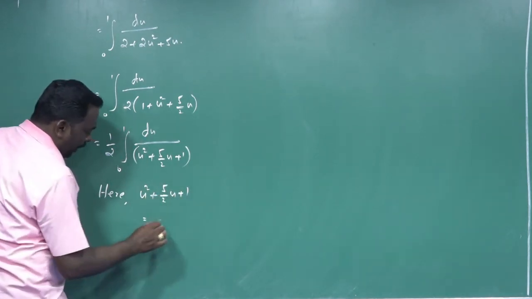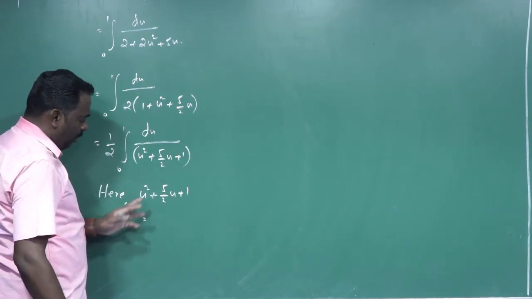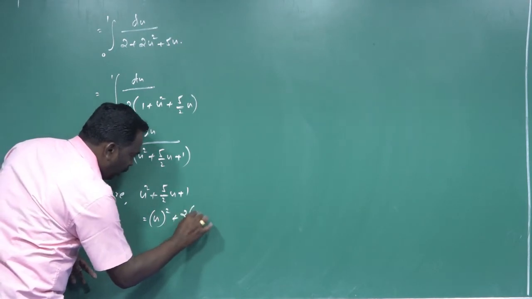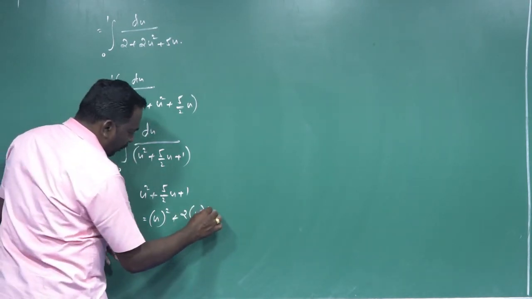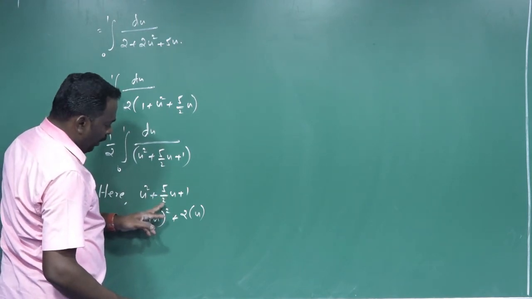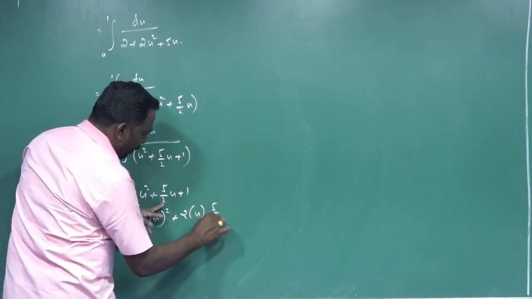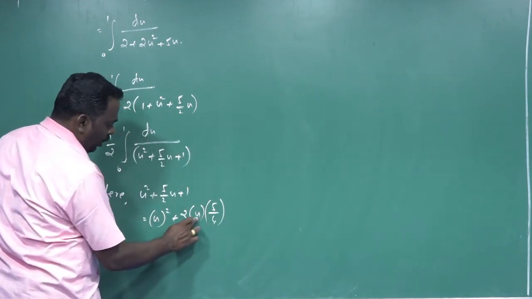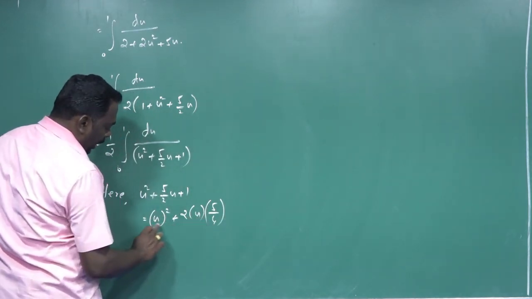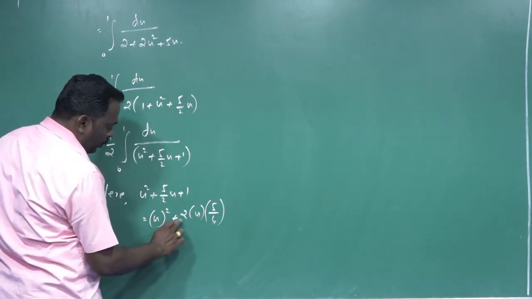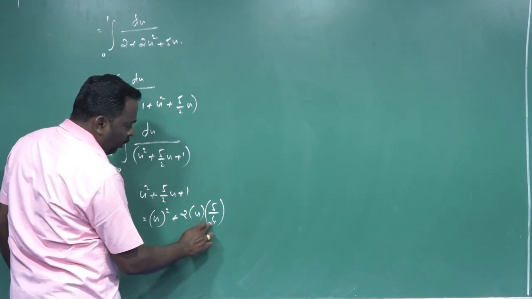Now use the completing square method to convert the term: u whole square plus 2 into u, then 5 by u. We need 5 and denominator 2, therefore multiply 5 by 4. If you cancel the term, you get 5 by 2 into u. Recall a square plus 2 into a into b, with b value equal to 5 by 4.